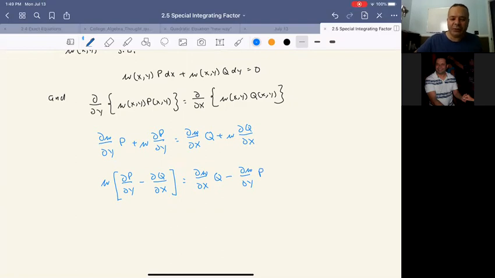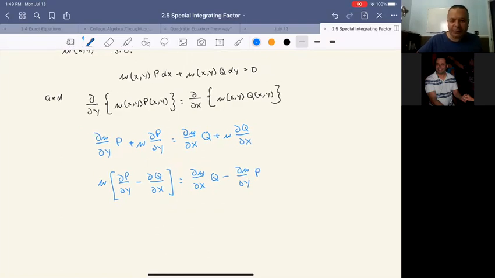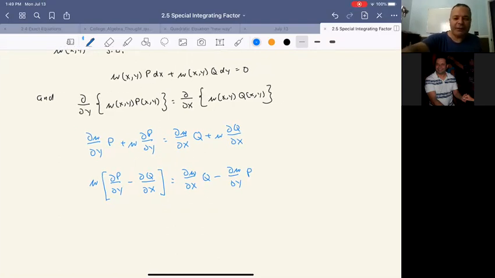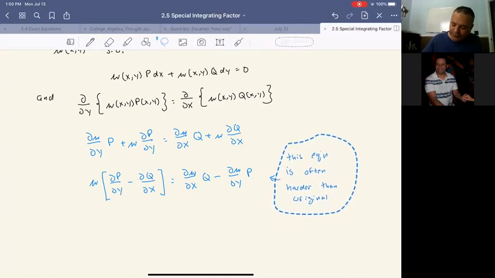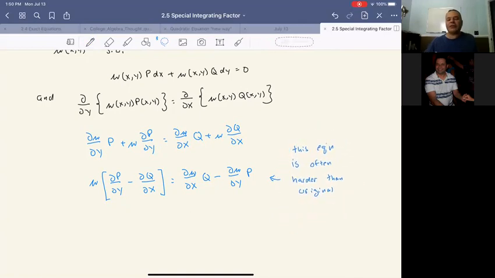Okay, so here's our problem. This equation is often harder than the original. That's no good for us, okay? But there are situations where we can do a simplification.